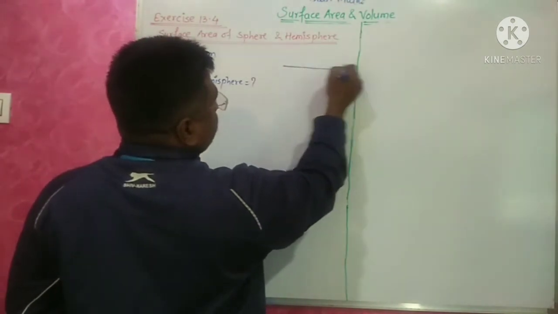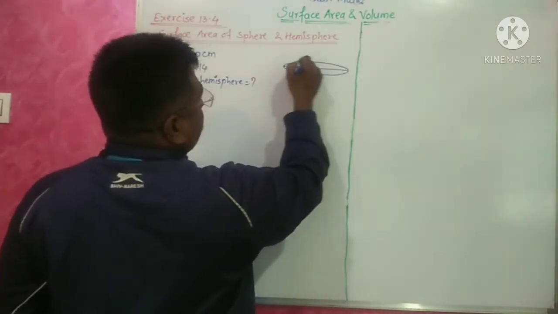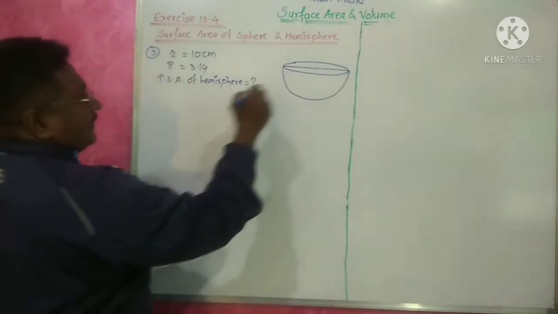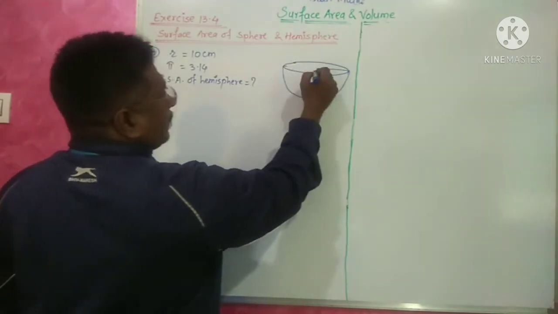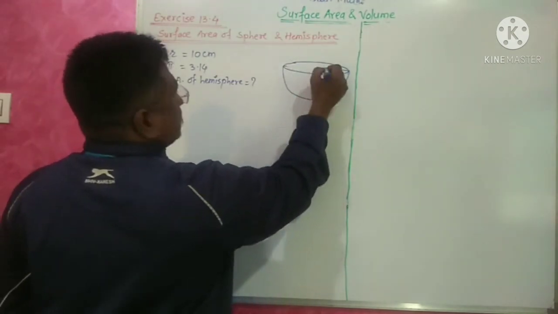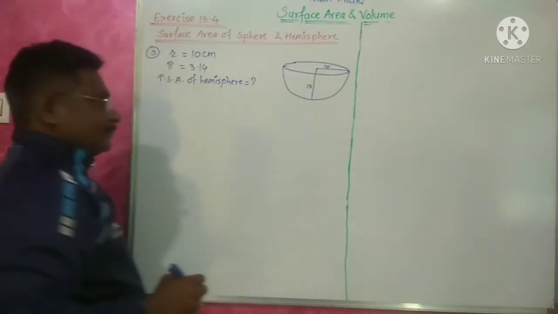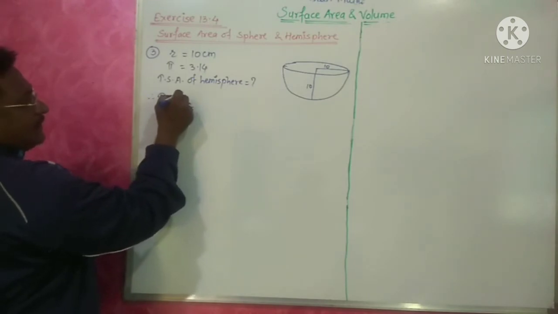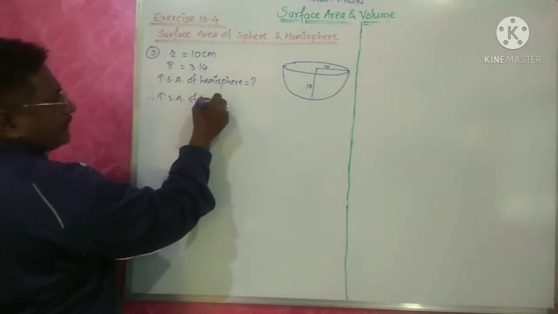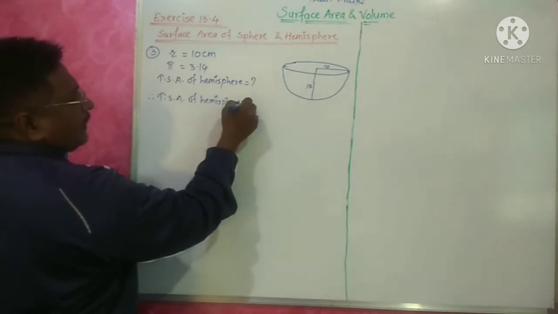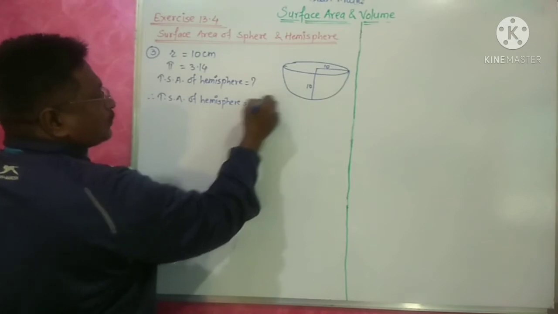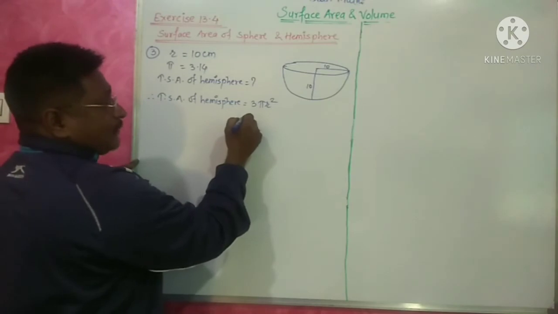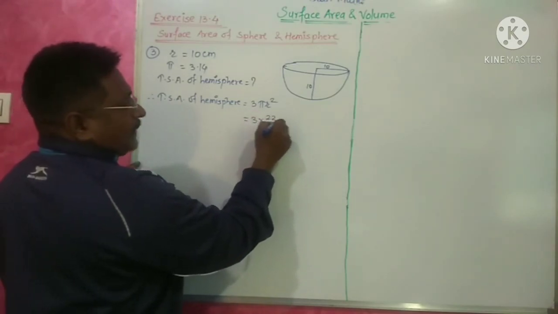How is the hemisphere? So this is the hemisphere. Here radius is given, 10 centimeter. So what is the TSA of hemisphere? What is the formula? 3 pi r square.